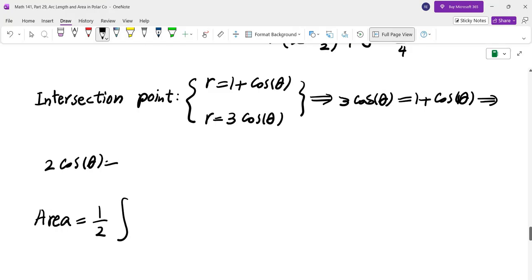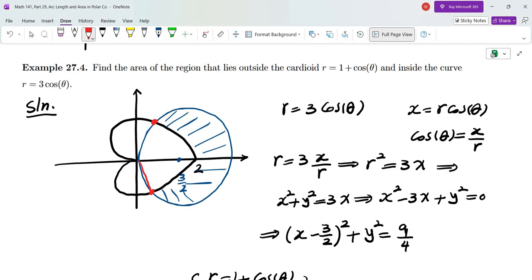So that gives us theta equals plus or minus pi over 3, but of course we have plus 2 pi k. That doesn't really matter. So this angle is minus pi over 3, and this angle is plus pi over 3.